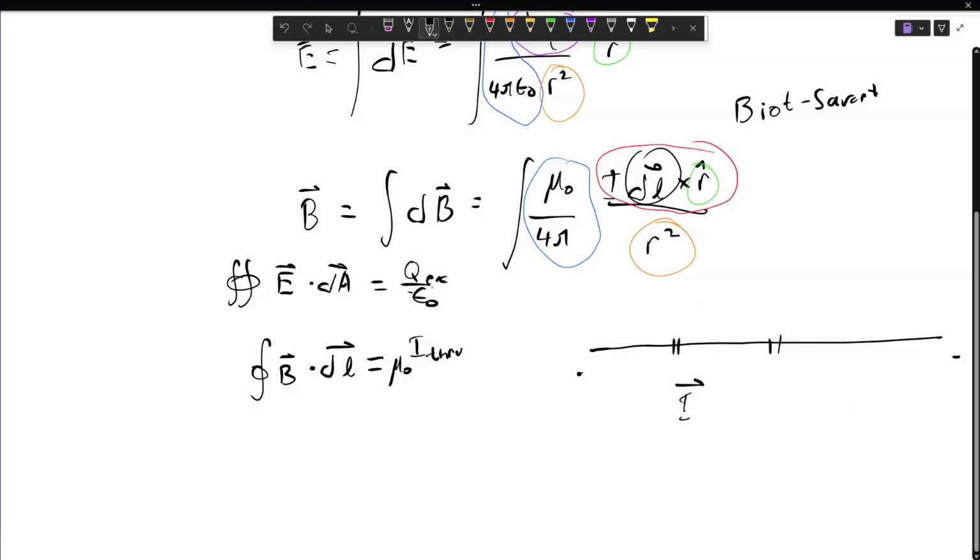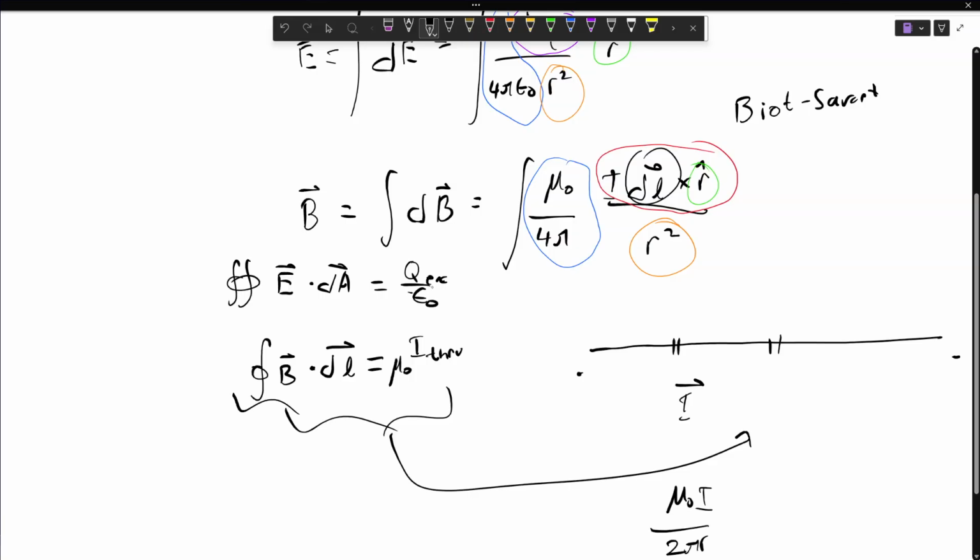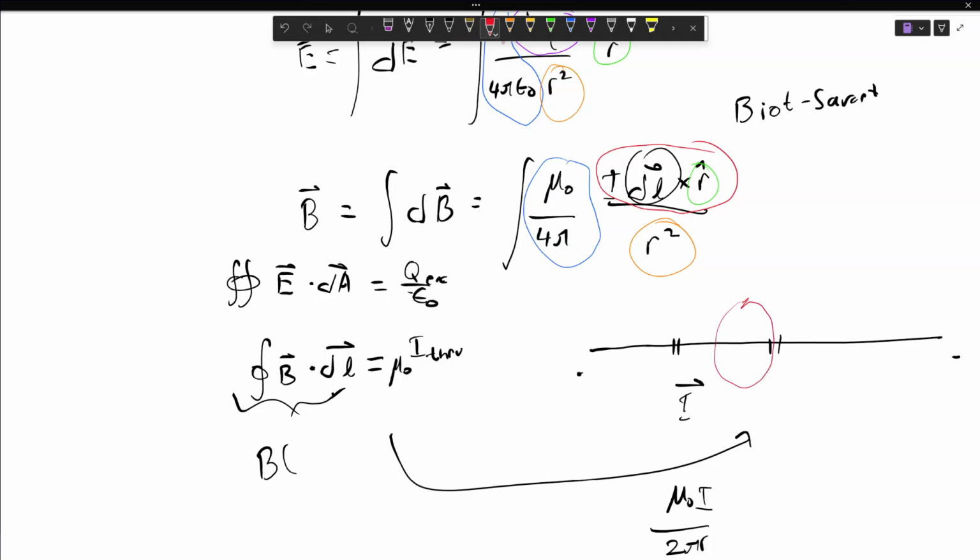But it becomes basically 2 lines of algebra when we use this to figure out that, oh, it's going to be mu naught times I divided by 2 pi r, because at some level this left-hand side is going to reduce down to just the B field times the length of the Amperian loop that we draw. And what we're going to find is that the B field curls around the wire like this.